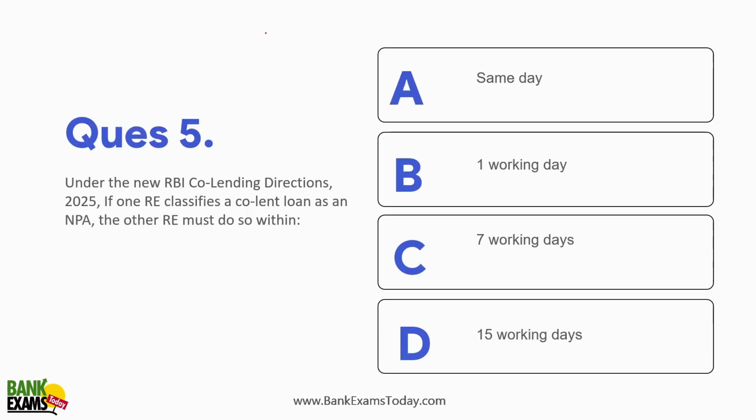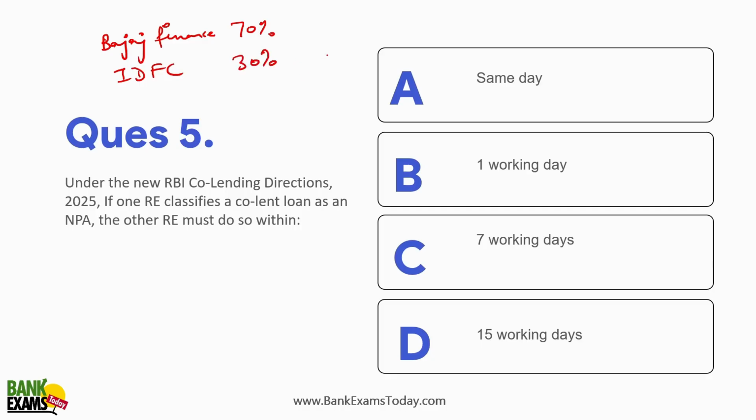Under the new RBI co-lending directions, if one regulated entity classifies a co-lent loan as NPA, the other must do so within how many days? Bank A, Bajaj Finance, is the originating lender, right? Bajaj Finance sponsored 70% of the loan, IDFC sponsored 30% of the loan.